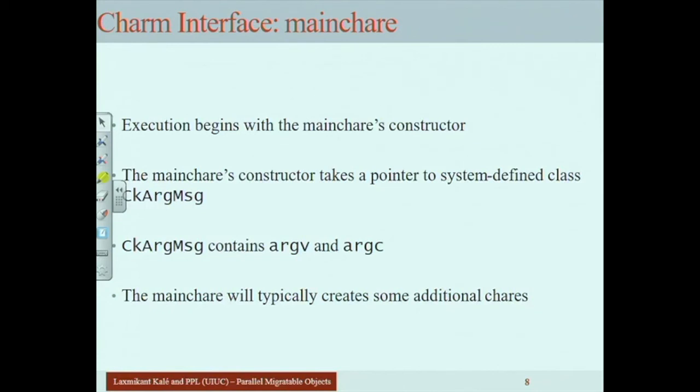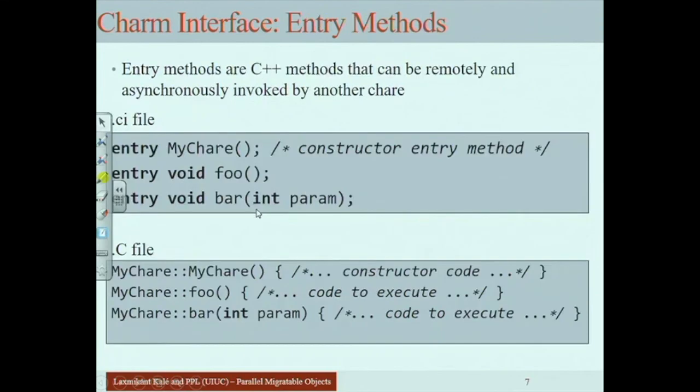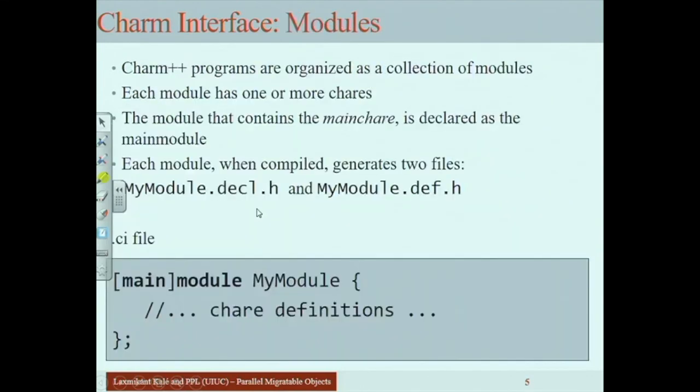And then the main chare constructor takes a pointer to a system-defined class, which is CkArgMsg. All that you need to know right now for CkArgMsg is that it has two fields called argc and argv, and then you know what to do with those fields, right? That's just a standard C++ argc and argv. So if you have CkArgMsg *m, where was our example program here?